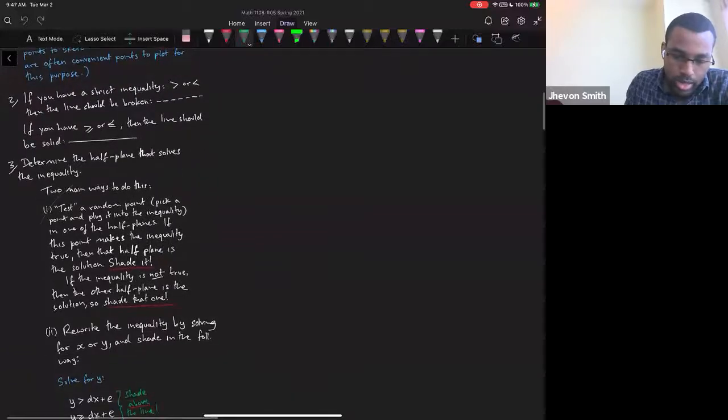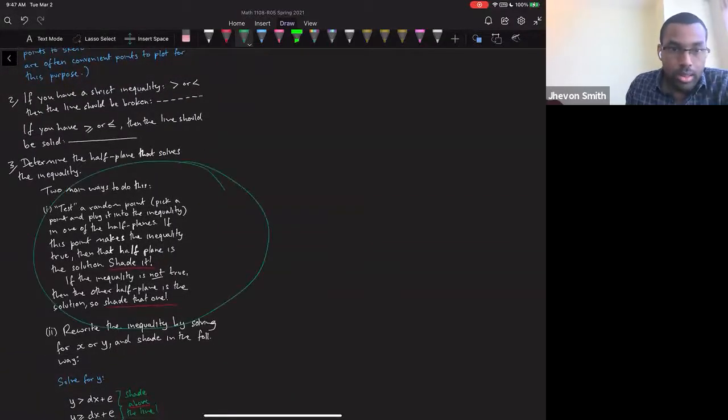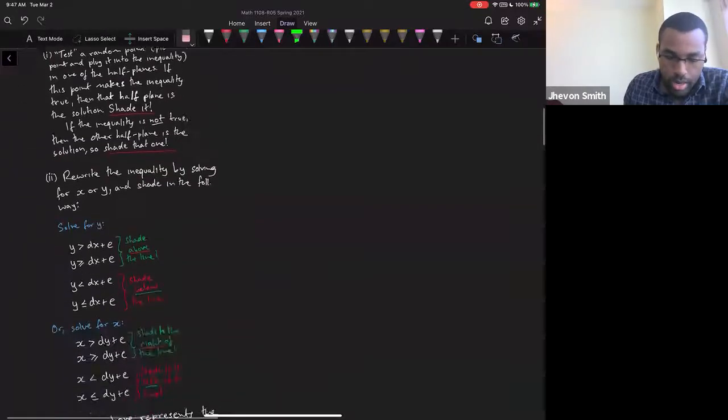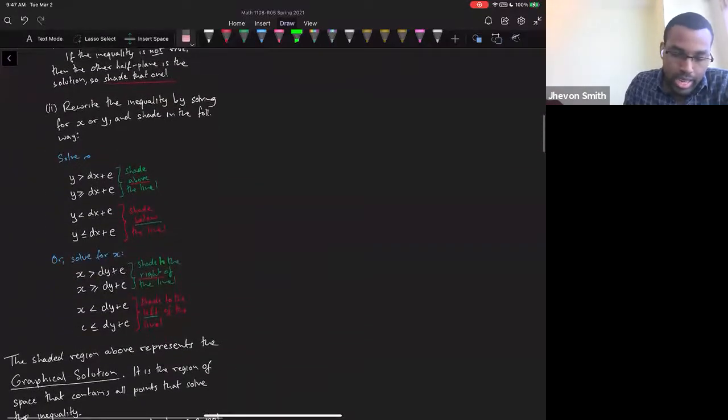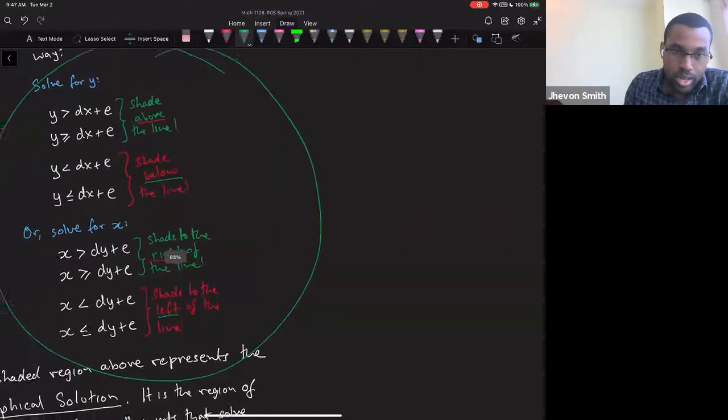One way is to plug in a test point, where you just take a random coordinate and you see which one works. Another way is if you imagine it like this, you can know to go above or below or to the right or to the left.